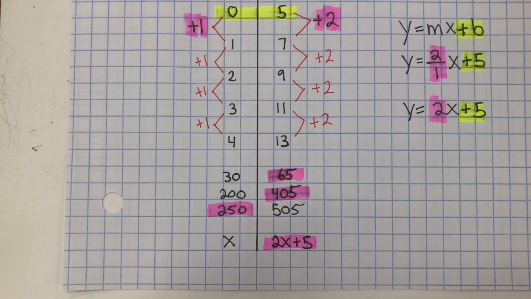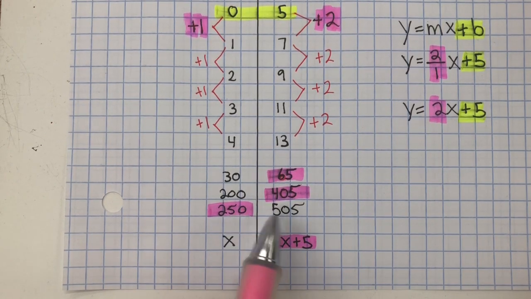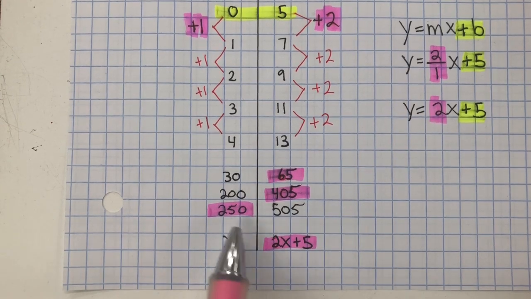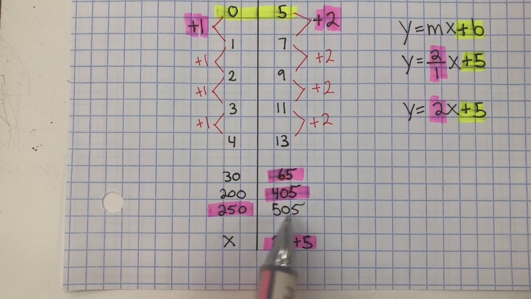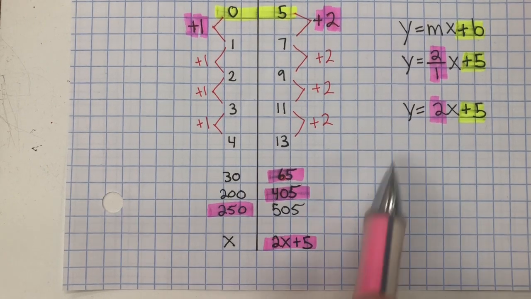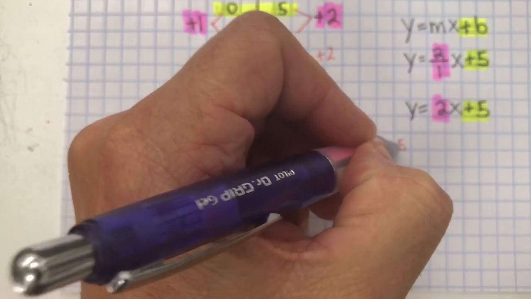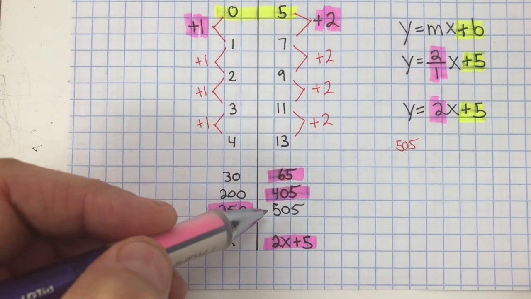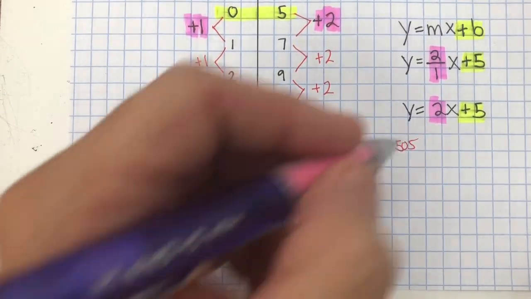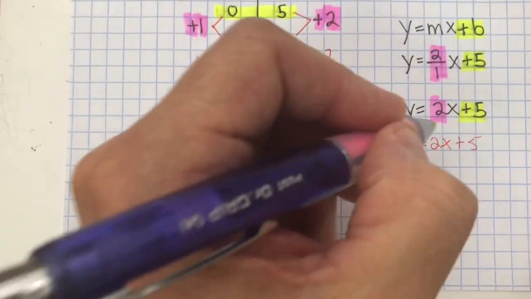In order to find out when we know the y value and need to find the x value, that was the missing value, we plug in 505 for y. So instead of y, I have 505 that was given in the table for the y value equals 2x plus 5.